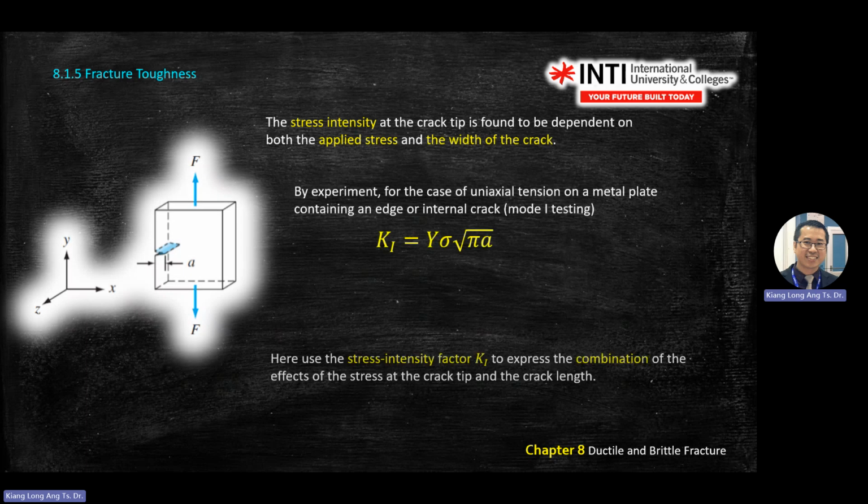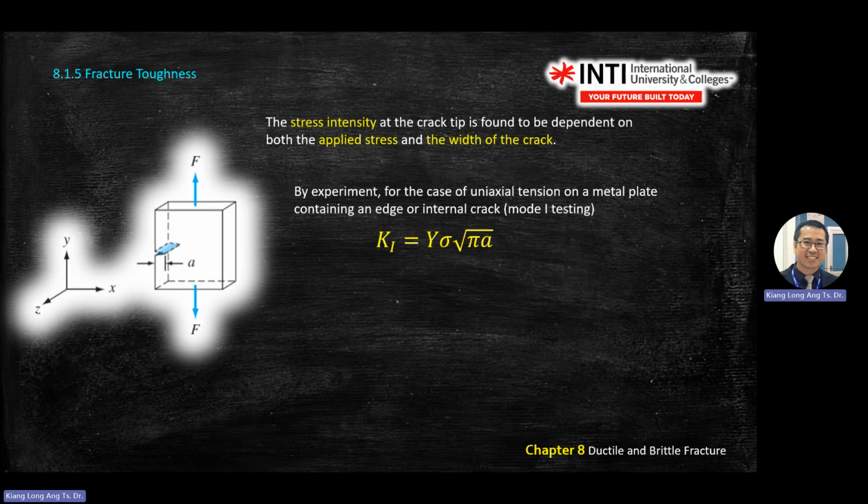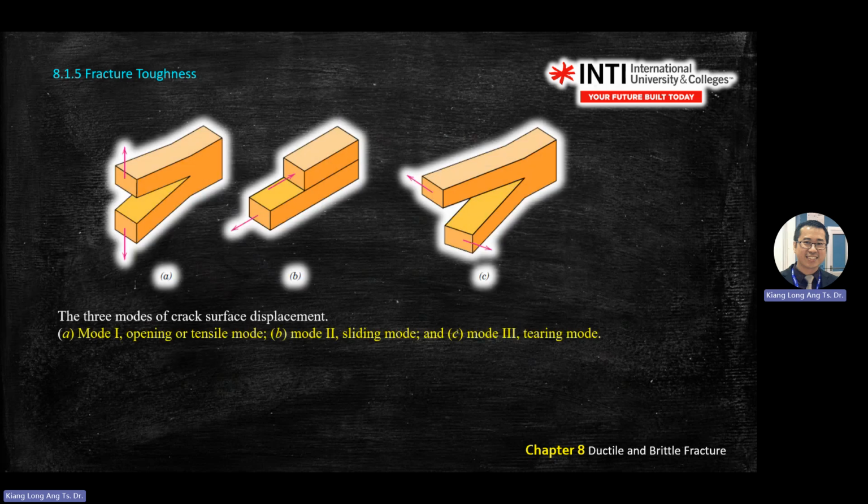Okay. So in the test, you'll be given one value of mode 1 testing. Mode 1 means you have a K value here, stress intensity factor K. K1 means it's opening like that. K2 means opening shear. K3 means like that.